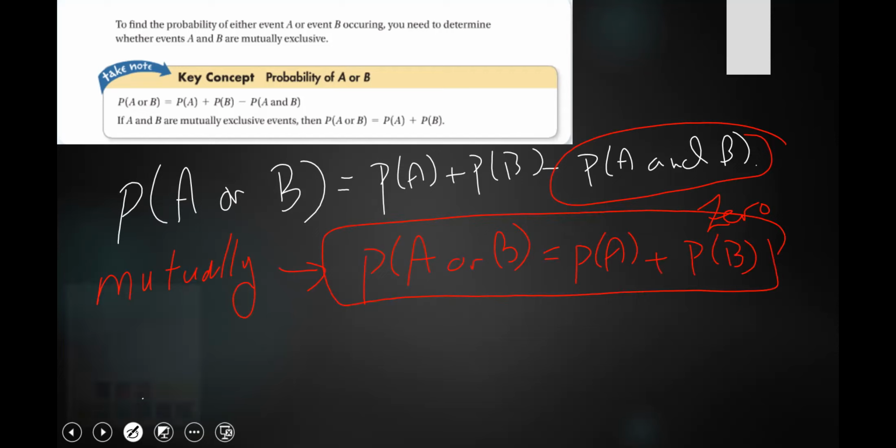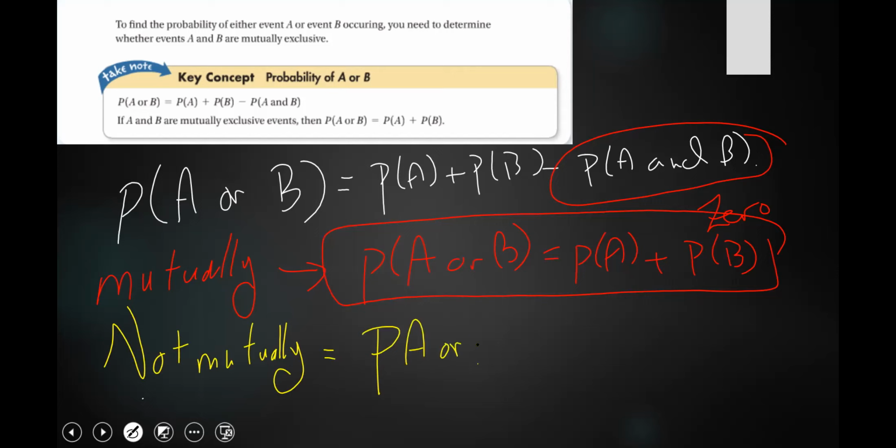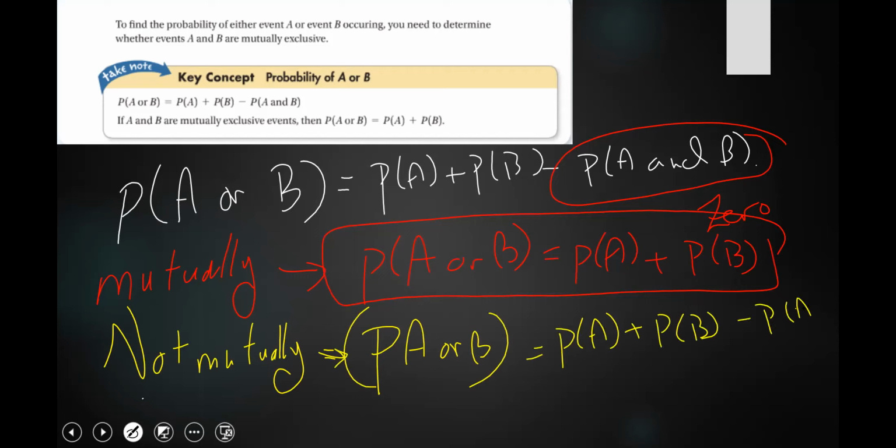But if it is not mutually exclusive, the probability of A or B will be the probability of A plus the probability of B minus the probability of A and B.